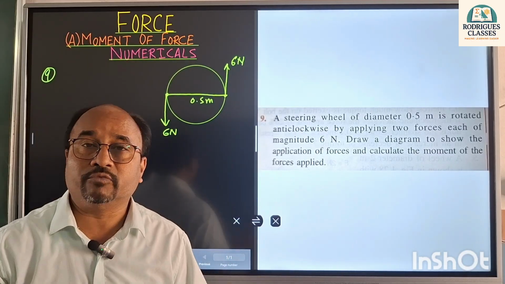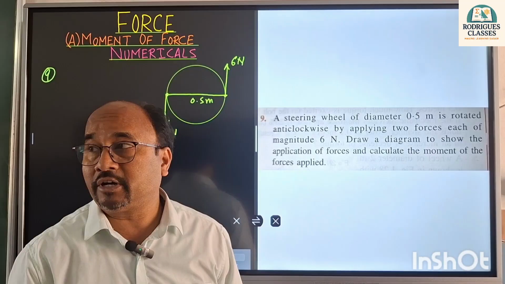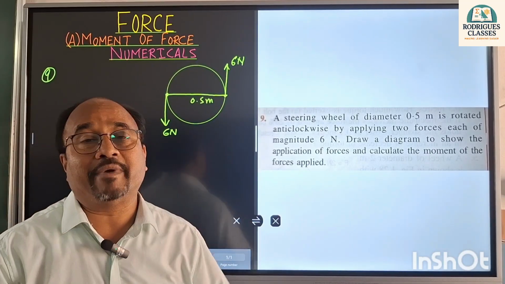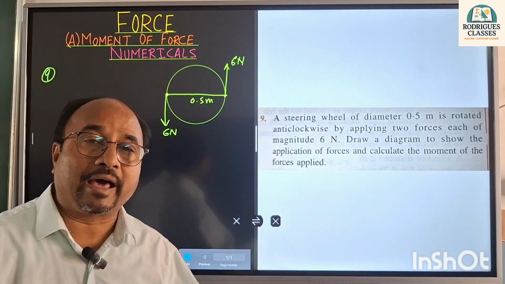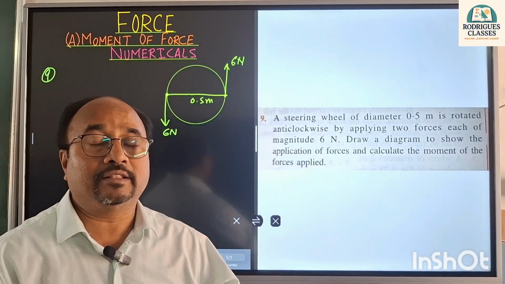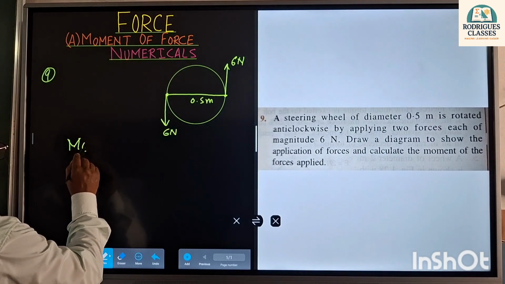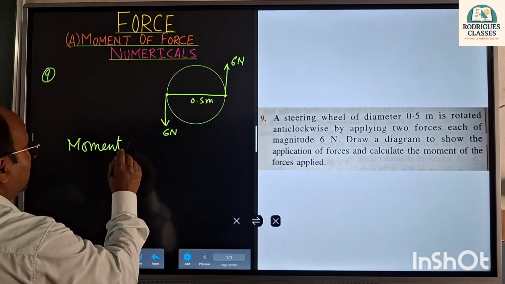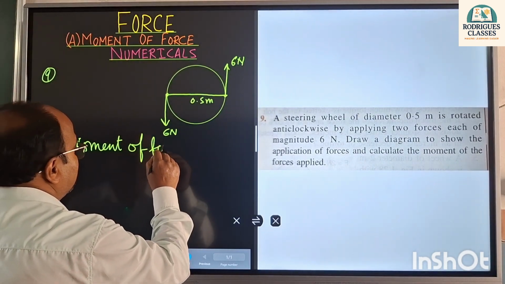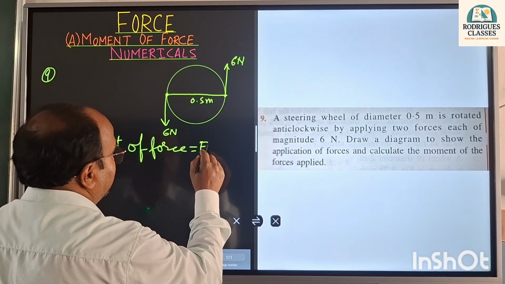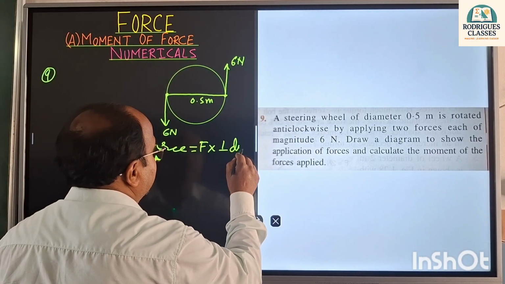The numerical part is very, very easy. Calculate the moment of force. Again, two forces equal in magnitude, opposite in direction, parallel to each other. So we can take the couple condition. So I will write here moment of force equals F into perpendicular distance.